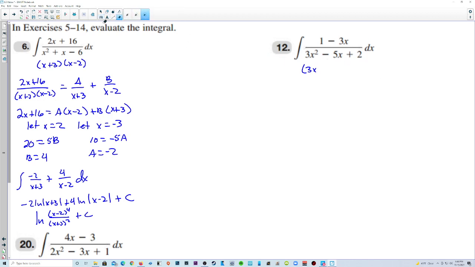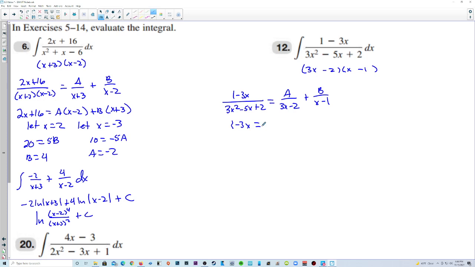I think I got it, though. 3x and x, how about minus 1 and minus 2? That'll be negative 3 and negative 2. That's negative 5. 1 minus 3x over 3x squared minus 5x plus 2 is equal to a over 3x minus 2 plus b over x minus 1.